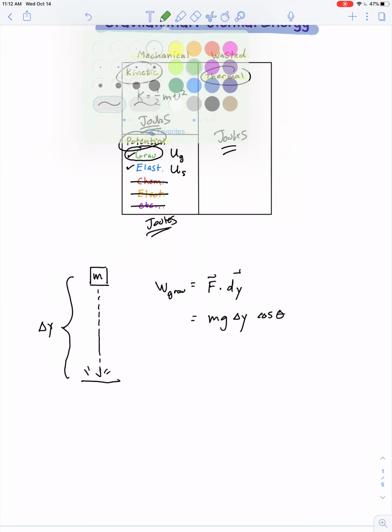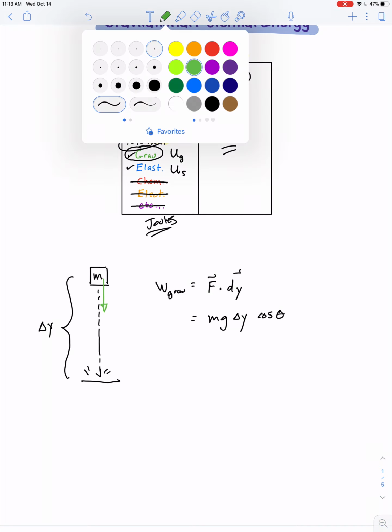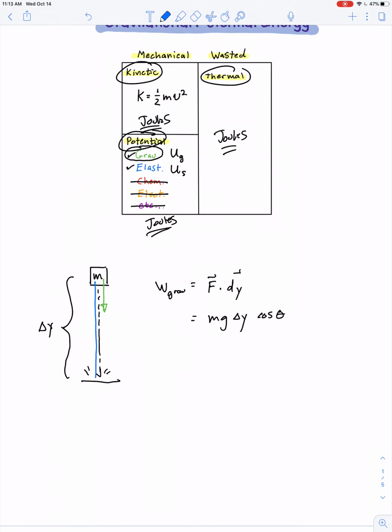The gravity vector in this case points straight down, and of course the displacement also points straight down. So this becomes cosine of 0 degrees, which is equal to 1. So very simply put, the work done by gravity is equal to mg delta y.